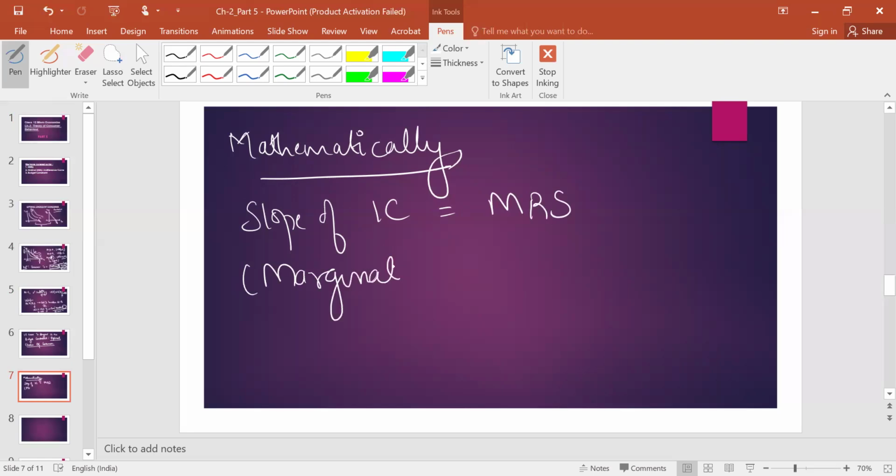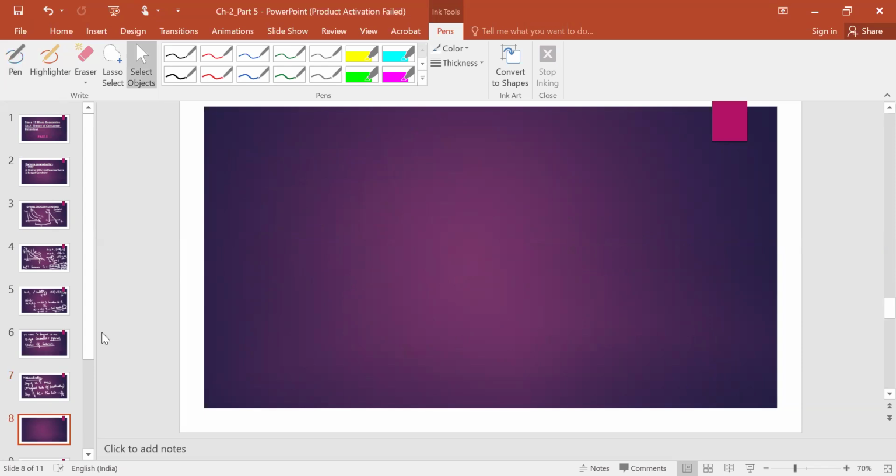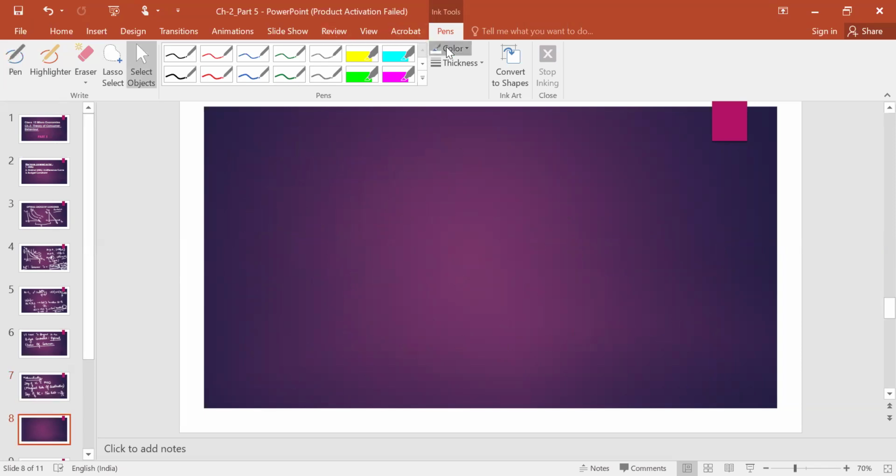Marginal rate of substitution, and the slope of the budget constraint is, what is it? Price ratio. That is P1 by P2. Because it is downward sloping, it is minus P1 by P2.